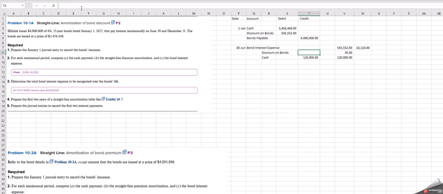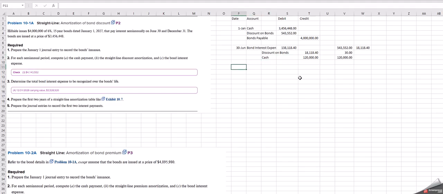My discount on the bonds is what we just calculated, the $18,118.40. So then my bond interest expense is those two things added together. So that is our cash payment, amortization of the bond, and then the bond interest expense.